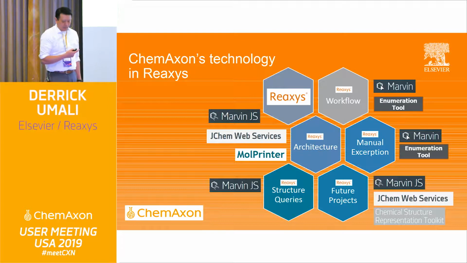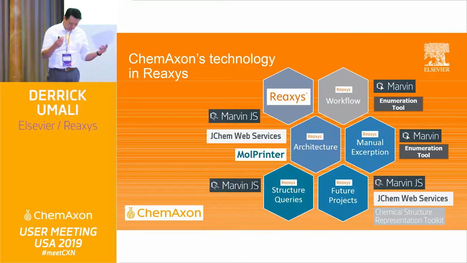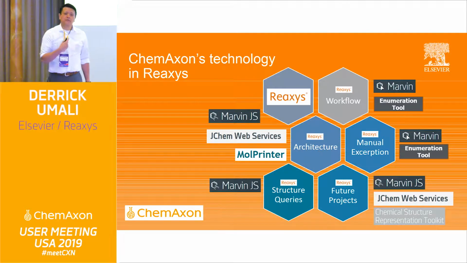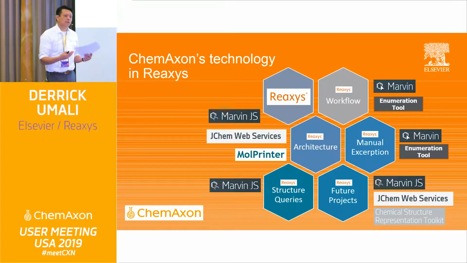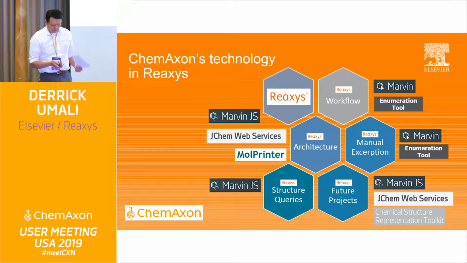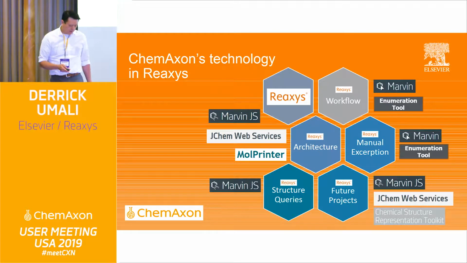We'll talk about the architecture of Reaxys, the back end and the front end, and then go more in depth into structure queries, how the end users interact with the Reaxys database, primarily with the drawing tool in Marvin.js, and then some of the future projects that we're thinking about and doing for Reaxys.